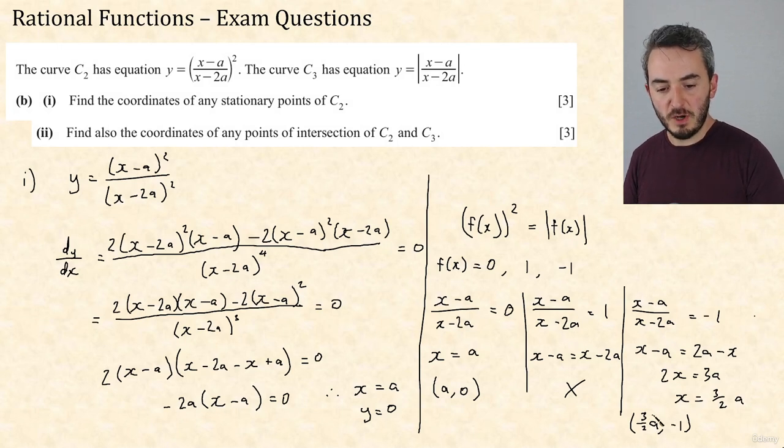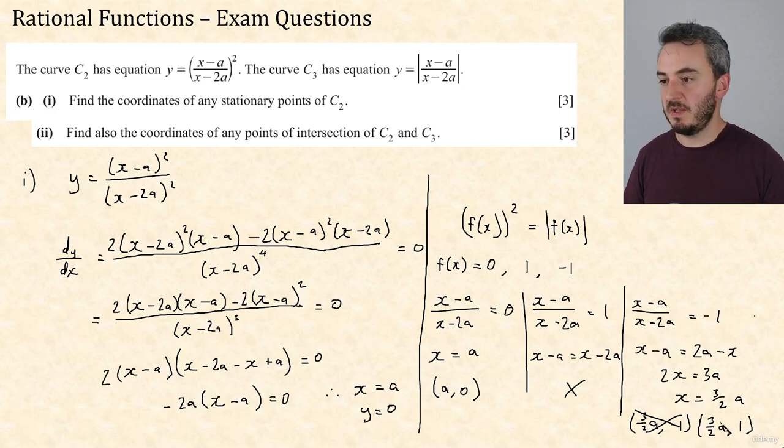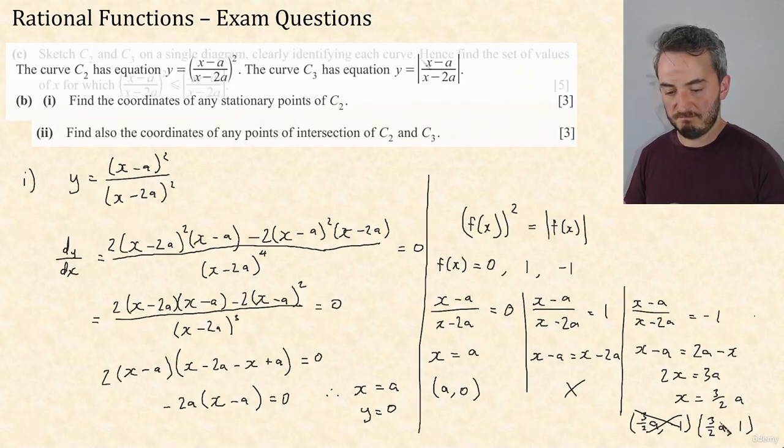Hold on, except it's not 3 over 2a, minus 1, because minus 1 was the value of f of x, not f of x squared or mod f of x, which is positive 1. So it's 3 over 2a, 1. So that's the other coordinate of our point of intersection.